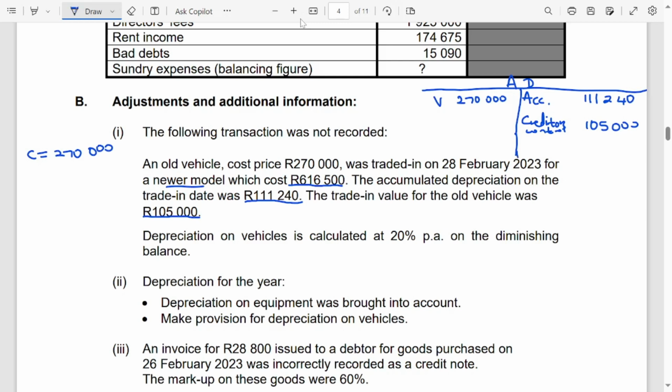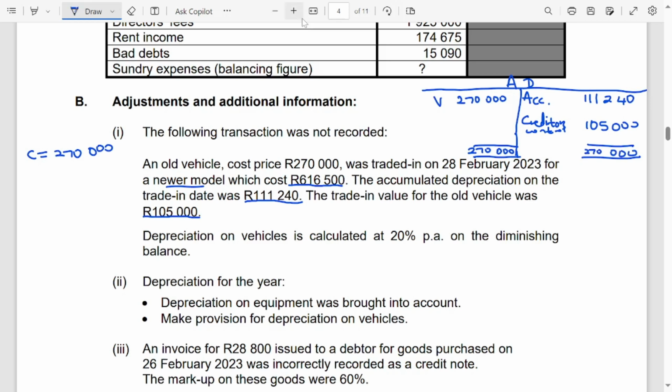So we're going to go to the debit side of the creditors' control and decrease the amount by 105,000. Then from here, we are checking which side is big. You can see that the bigger side here is the debit side, 270,000. So when you are doing the asset disposal, if the debit side is big, it means that there is a loss.